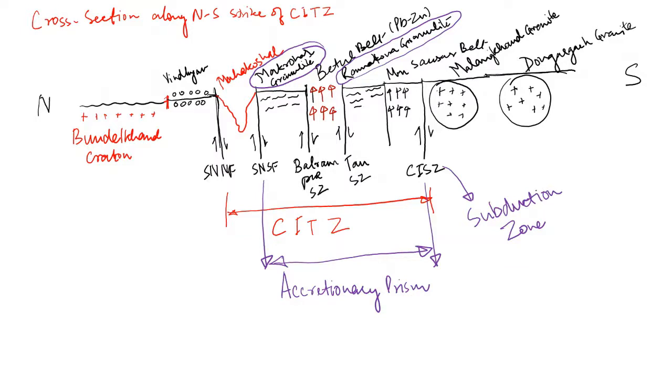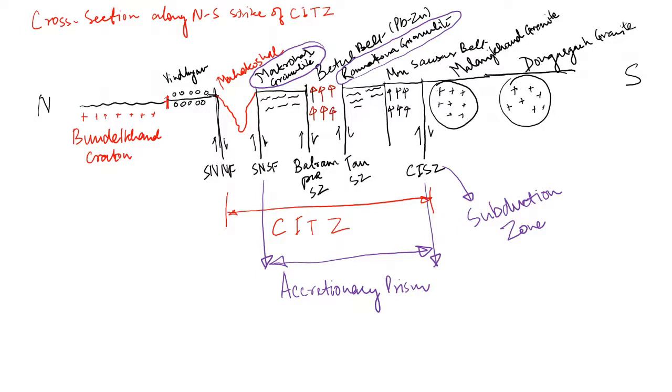So this subduction zone implies that there must have been some oceanic plate that got subducted. This basically was the Satpura Ocean, which got closed by the subduction of the oceanic plate, and the lithosphere which consisted of the Satpura Ocean and the Bastar Craton got subducted beneath the Bundelkhand Craton.